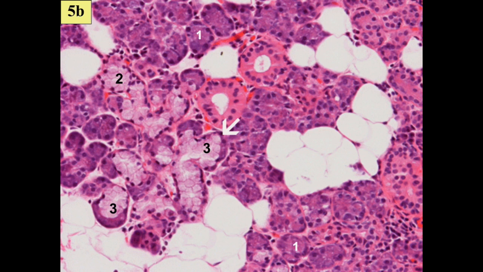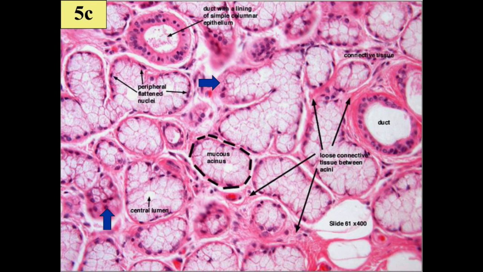So in this picture, we have serous acini, mucoserous acini, with the serous predominant, and we have mucus acini, number 2. This picture is for the sublingual gland because the predominant type is the mucus acini, together with the mucoserous acini.